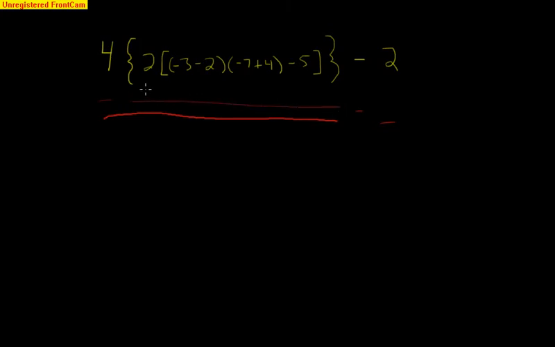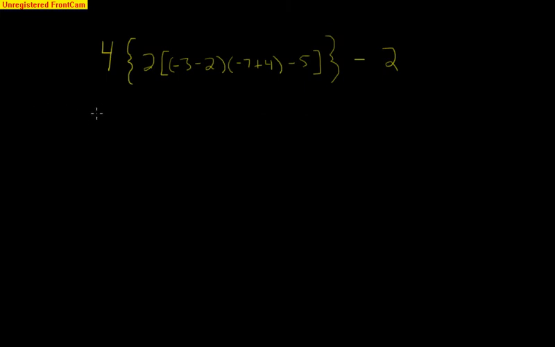But in order to find this guy, we have to find this -5. But in order to take that and get that, we have to multiply these 3 together. And in order to multiply these 3, we first have to find out what these inside parentheses equal first. So we work from our innermost to our outermost parentheses.